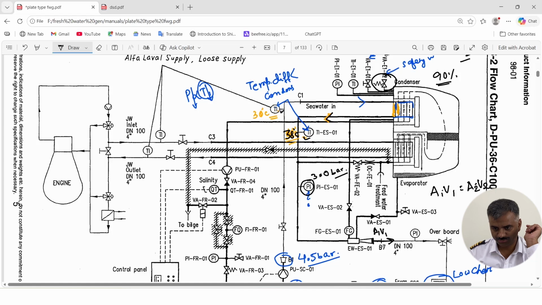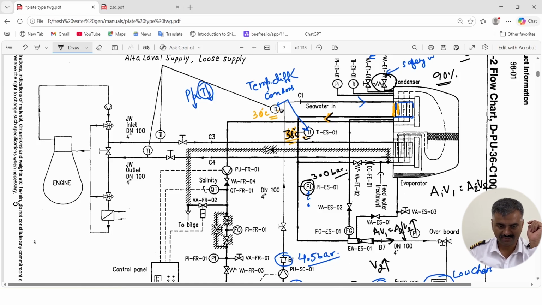Your velocity reduces, and when you reduce the area, your velocity increases. So basically here you will have a nozzle fitted. The nozzle is reducing the area. When you reduce the area, your velocity increases. So V2 will always be higher.